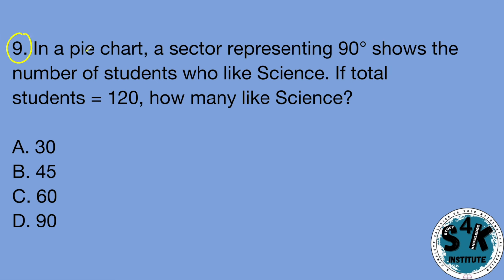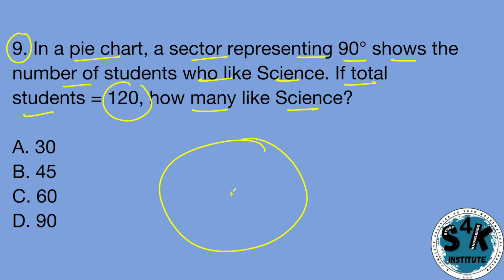Question number 9. In a pie chart, a sector representing 90 degrees shows the number of students who like science. If total students is 120, how many like science? So in a pie chart, the total angle is 360 degrees. So 360 degrees represents how much? 120.